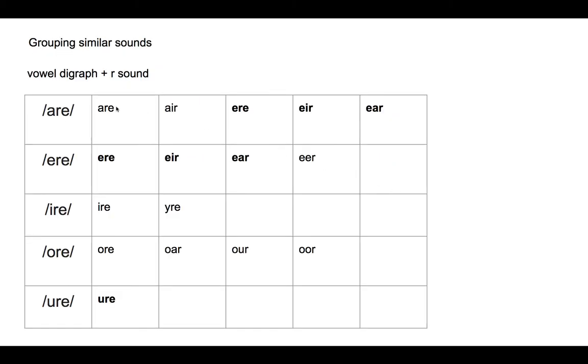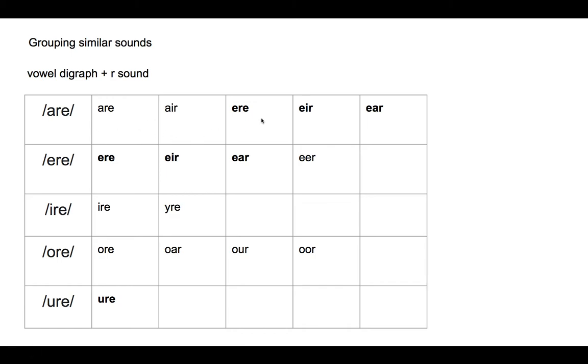So when we group the similar sounds, we arrive at this table. The first column shows the sound air, ear, ire, or, your, and these are the trigraphs that represent these sounds.